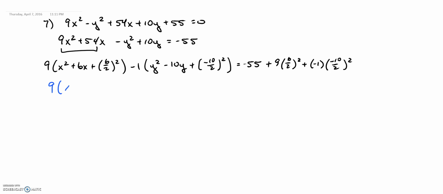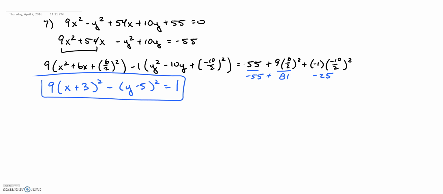So 9 times (x plus 3) squared minus (y minus 5) squared is equal to negative 55. This is an 81, and this is a negative 25. So negative 55 plus 81 minus 25 is equal to 1. And that's done.